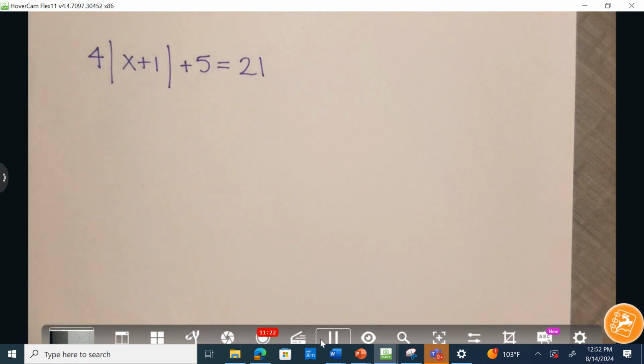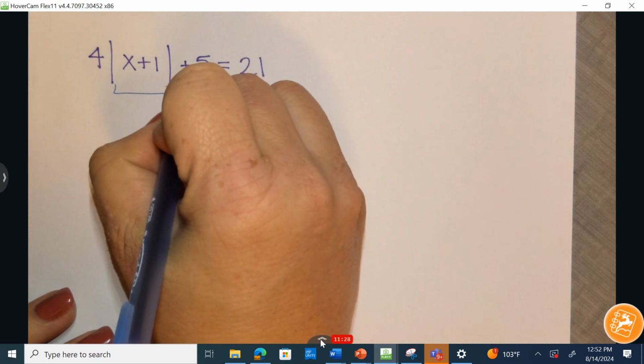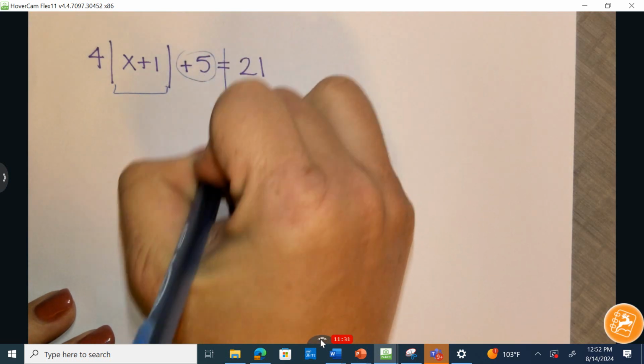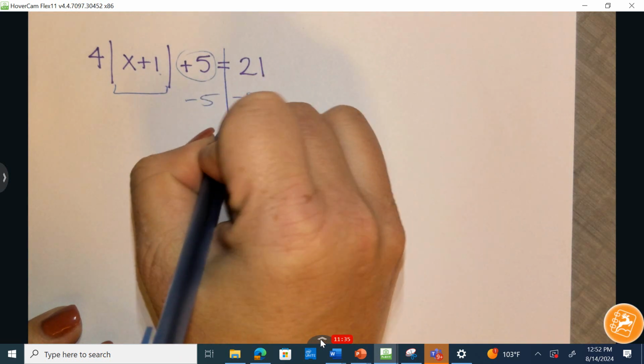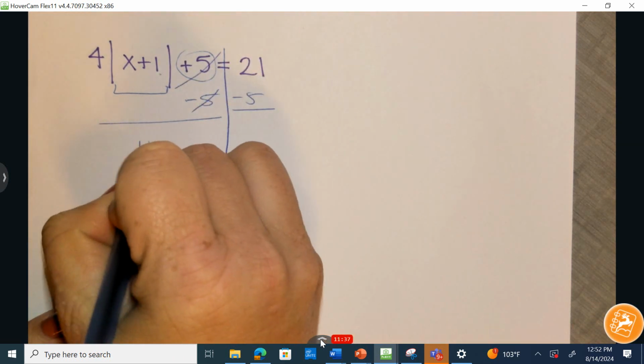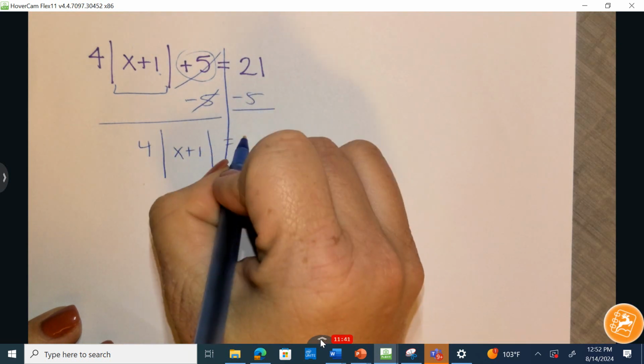All right, our final example of today. Let's get this by itself once again. Remember, we're not distributing. This is absolute value. So I'm going to start by getting rid of adding or subtracting on the side that has the absolute value brackets. Subtract 5, subtract 5. 21 subtract 5 is 16.